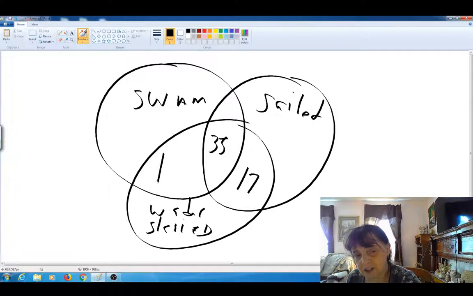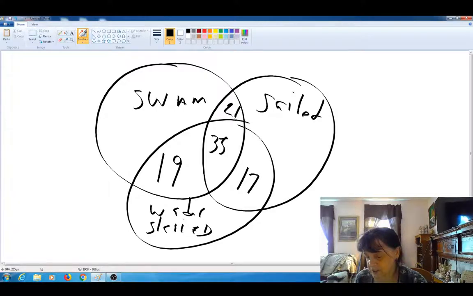Swam and sailed, 56 minus 35, 21. Water skied, 19 plus 35 plus 17 is 71. 76 minus 71 is 5, so 5 water skied only.